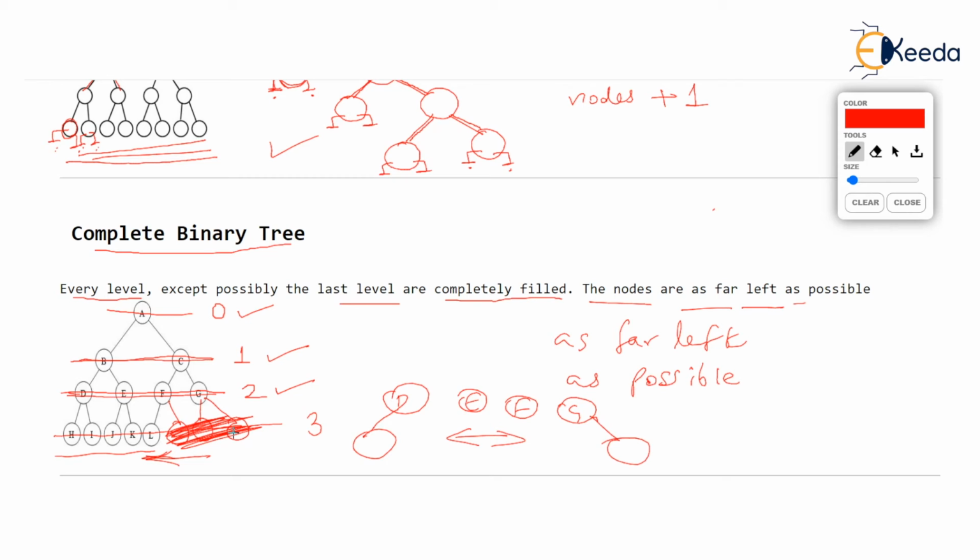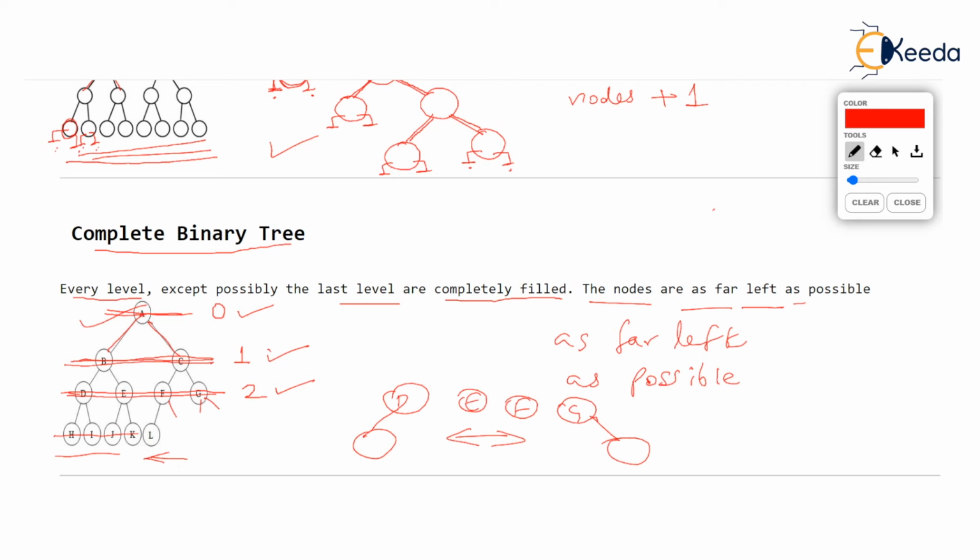Let's check it out again. What is a complete binary tree? A complete binary tree is a binary tree in which all levels except the last level are completely filled and the nodes are as far left as possible. So on level 0 there can be only one node, and it is filled. On level 1 there can be only two nodes and both nodes exist, so it is completely filled.